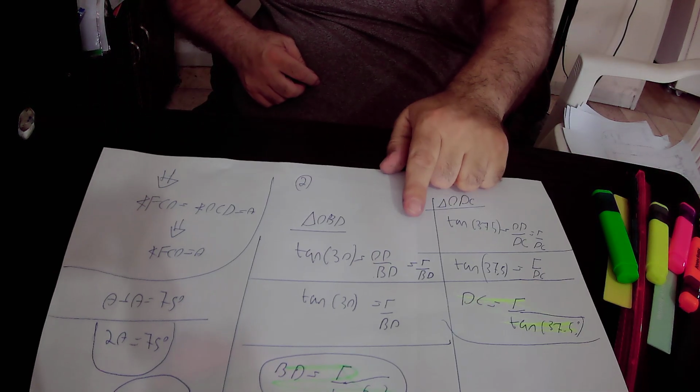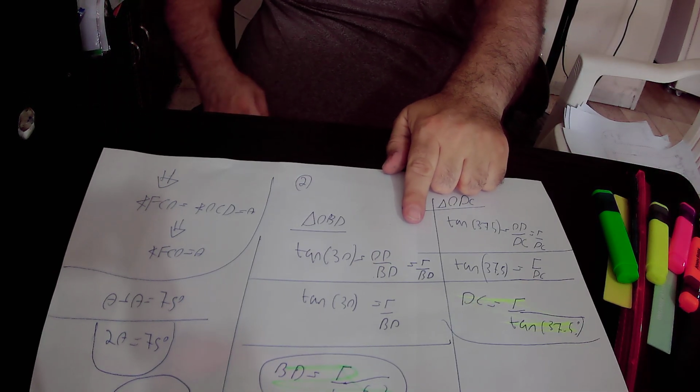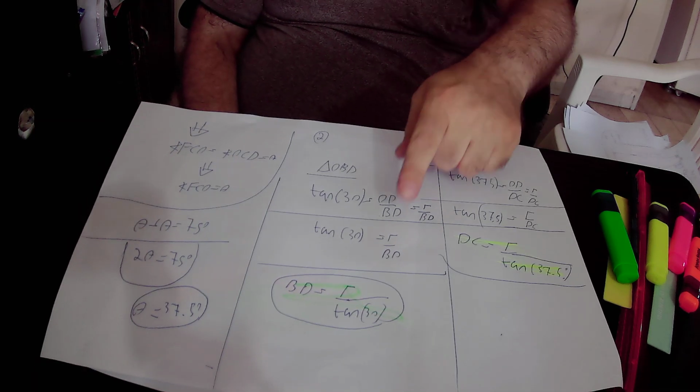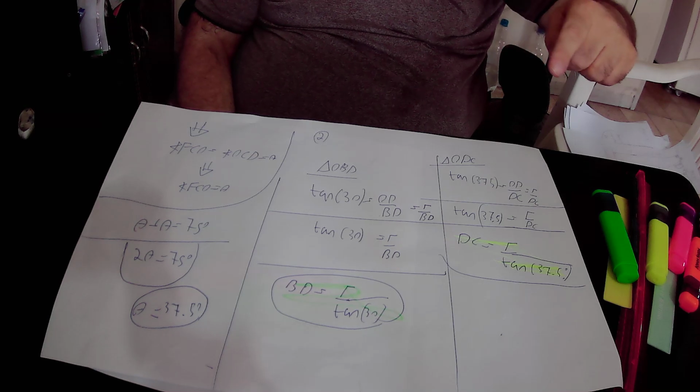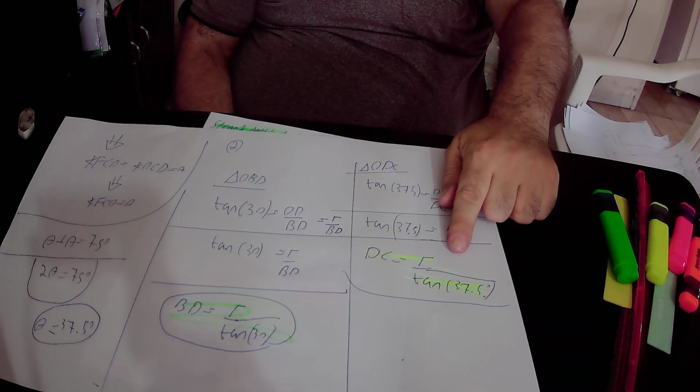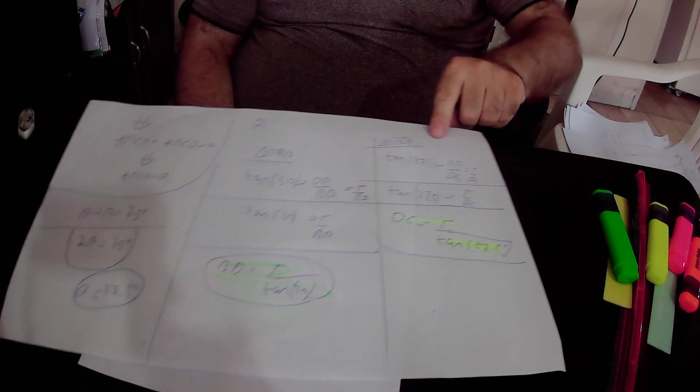From the first equation, we found that BD equals R over tangent 30 degrees. From the second equation, we found that DC equals R over tangent 37.5 degrees.